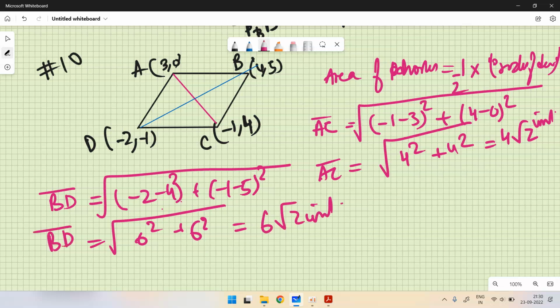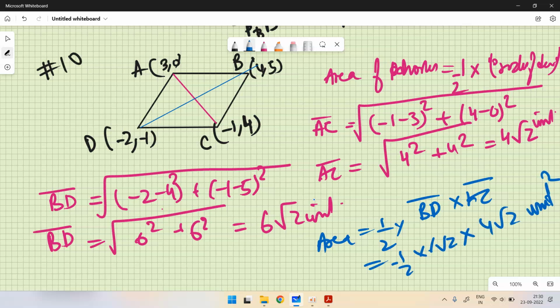Now what is the area of the rhombus? The area of the rhombus is half the product of the diagonals, which is half into BD into AC. BD is 6 root 2 into 4 root 2 square units. So it's 6 and 4, that is 24, and root 2 into root 2 becomes 2, which cancels the half.